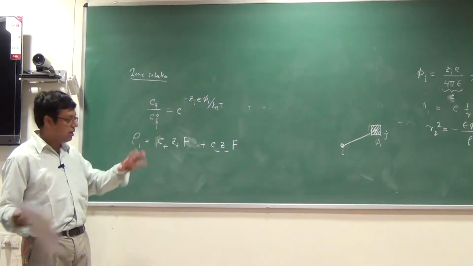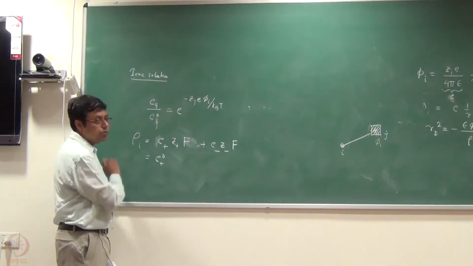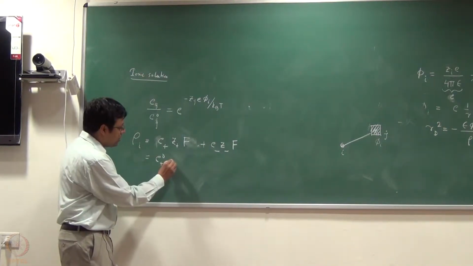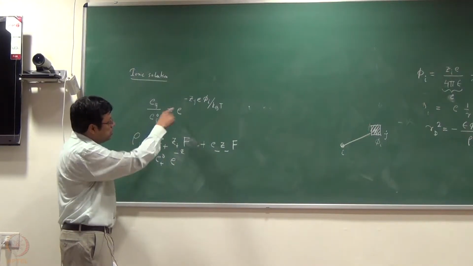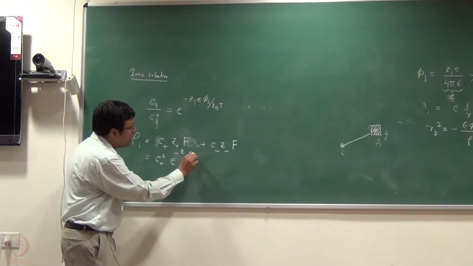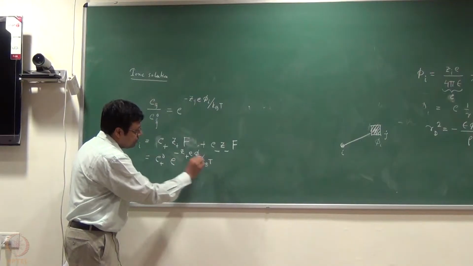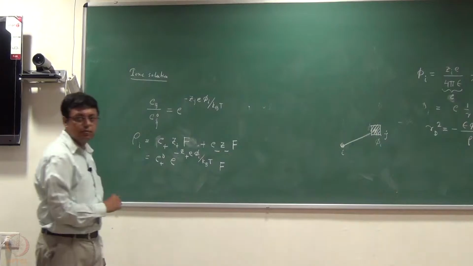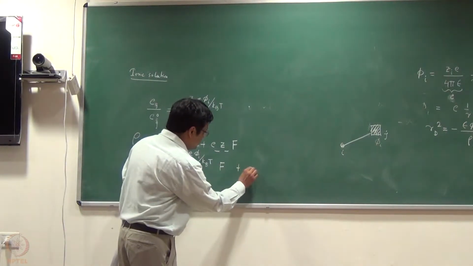What I am saying here is that this C plus is nothing but C plus 0 times the Boltzmann factor, which is e to the power minus, for j being plus, Z plus E phi I by kBT, times F. And then I have C minus.